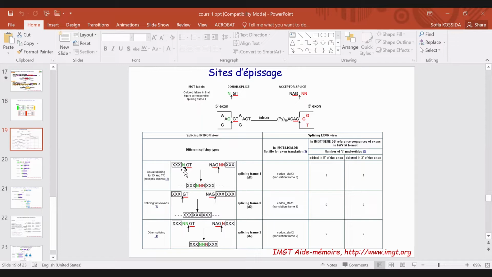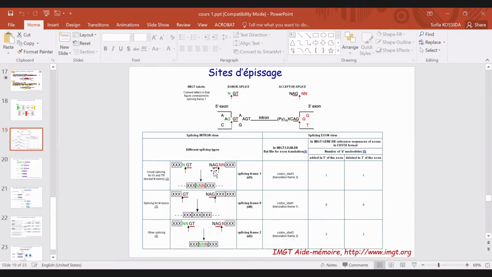The nucleotide 5' to the GT and the nucleotides 3' to the AG will get together to form one codon. Of course, we know that we need 3 nucleotides for one codon, because one codon will give rise to one amino acid. This is the genetic code, and I'm sure that you all know about this.